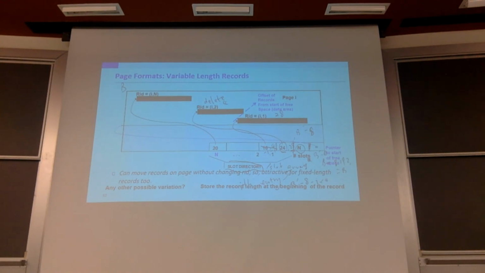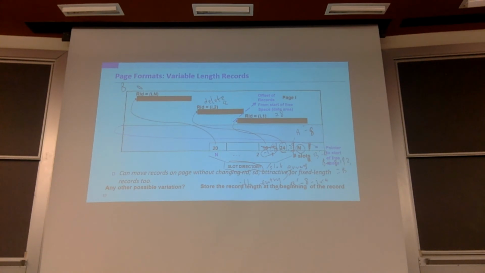It doesn't point to anything. And when you insert something, you first search through the slot array to find an empty slot. Suppose this is 1. Then you find free space using the pointer to the start of free space. You put the record there.